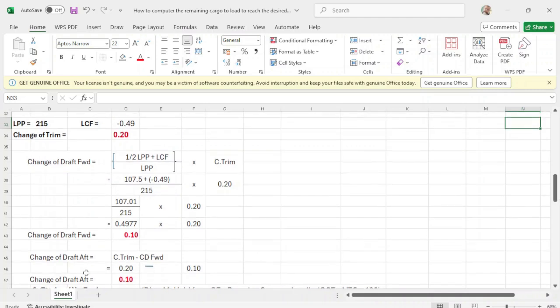To get the change of drop up, it is your change of trim minus your change of drop forward.